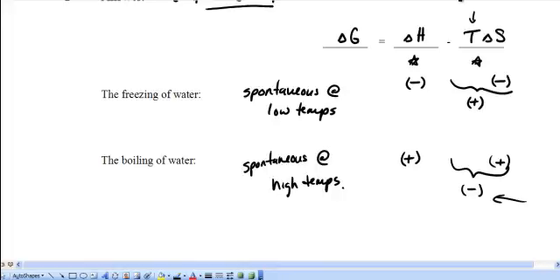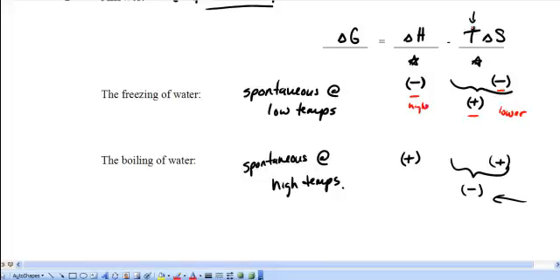We said that with the water freezing, it's an exothermic process, so delta H is negative. I'll change colors here. And then because you're creating order or less randomness, that is not favorable, delta S is negative, but that whole term will become positive. So is this going to be spontaneous? Well, in order for this to be spontaneous, the temperature, this, must be lower than this.